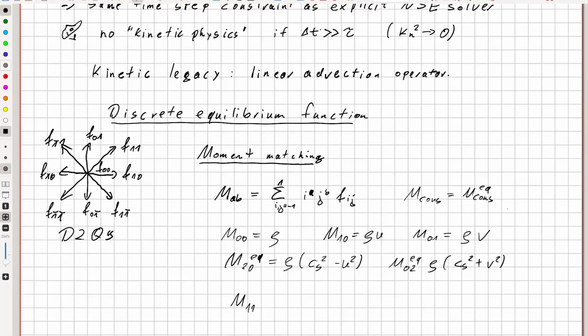Now we have the mixed moments. M11 equilibrium we have learned is M10 times M01 divided by M00, and this is rho times u times v.